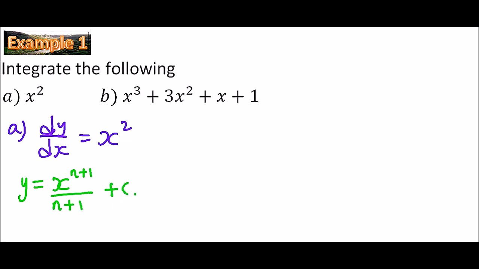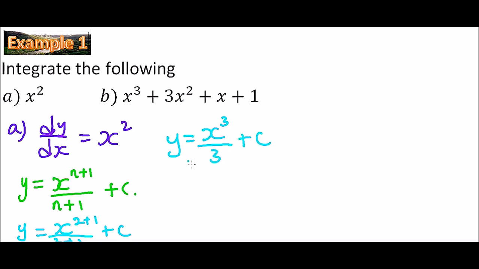So this means that since here we have x squared, then our function y is equal to x to the 2 plus 1 divided by 2 plus 1, then plus c, implying that our y is equal to x to power 3, or x cubed, divided by 3 plus c.